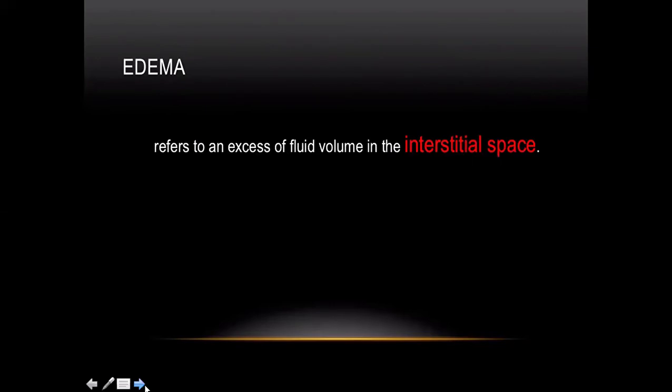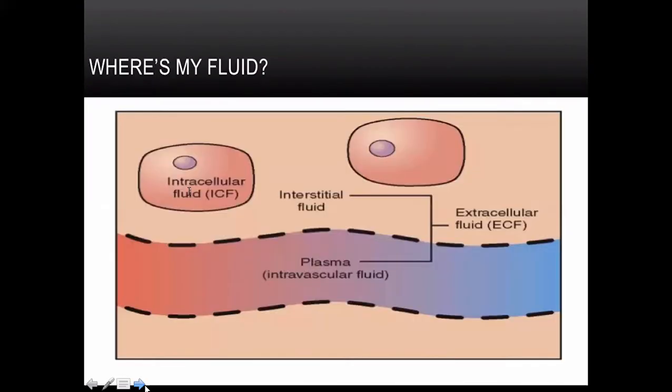So what do we mean by edema? Okay? So of course, it is an excess fluid volume in the human body. But where? In the interstitial space. So as you recall in your physiology, we have what we call the 2 main compartments.